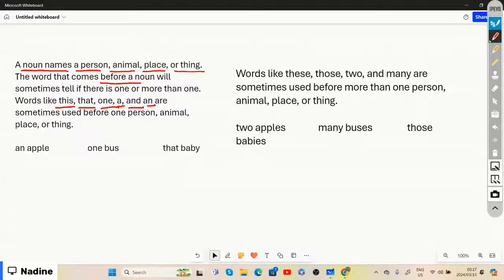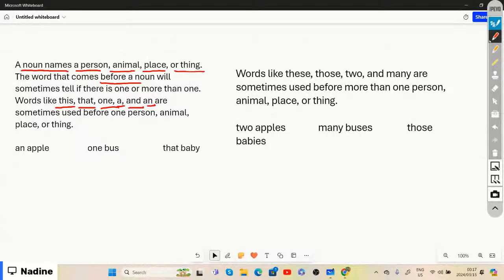It doesn't have to be one bus or three buses. Sometimes it can be a bus is coming, the bus is coming, and that refers to one bus. Or we have these apples, which refers to more than one apple.